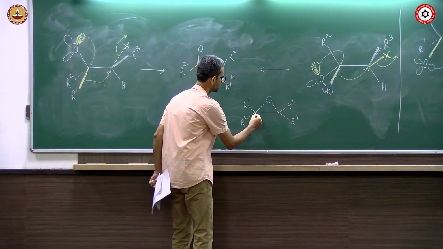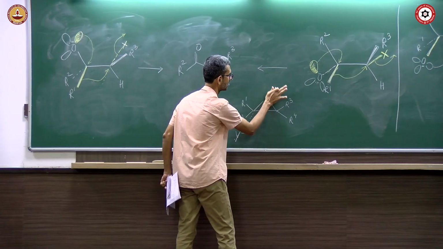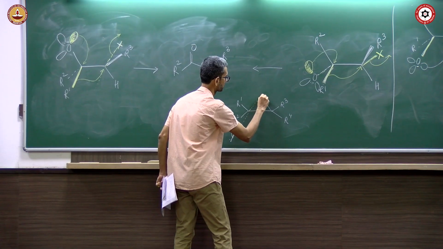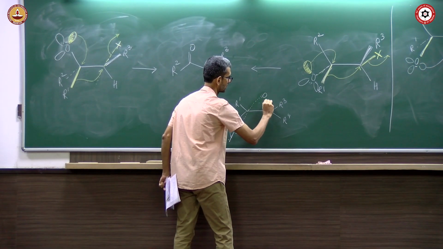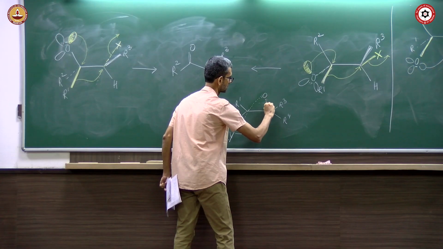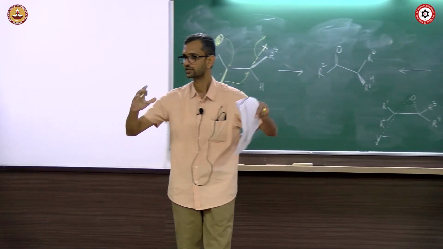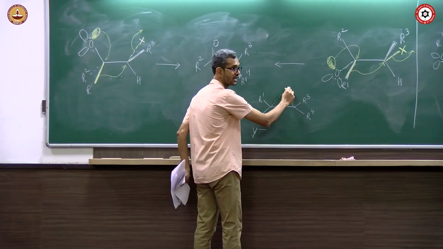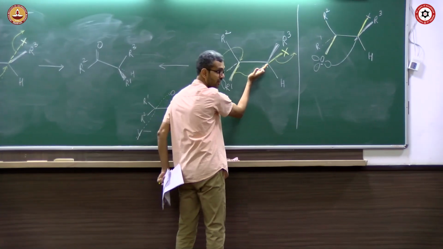Under those conditions, you will see a transition state which is slightly longer than this. So you will see a transition state where it's not symmetrical from either side. This is longer and this is shorter. What you will see here is initially longer.